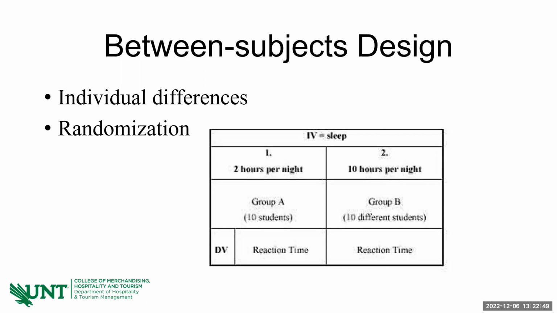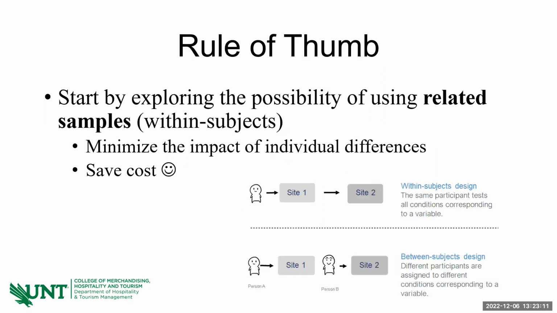The disadvantage of between subject design is that individual differences might be your confounding variables. The technique we use to reduce these individual differences is randomization.